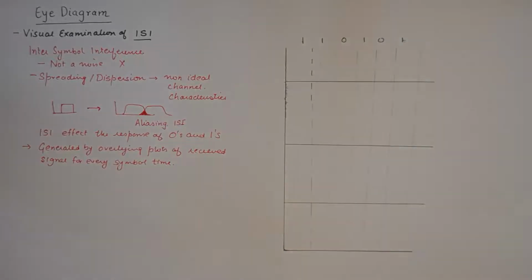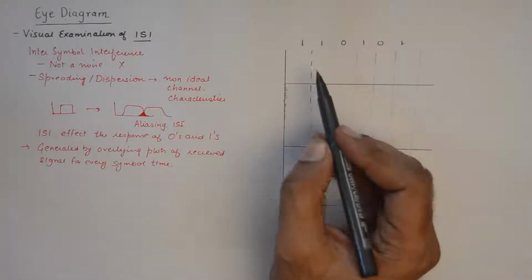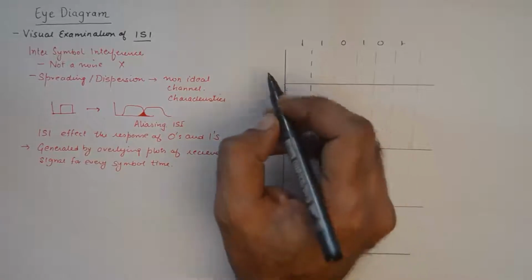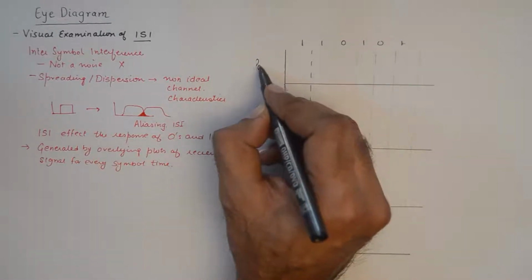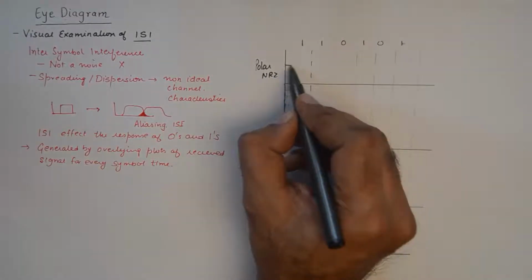Now, in order to understand that, we need to take up a signal. For example, we have taken up a bit stream 110101, and in polar non-return to zero, it will look something like this.